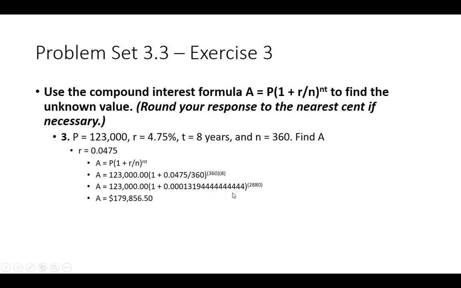The more accurate your answer is going to be. Add 1 to that. Keep it in the calculator. Raise it to the 2,880th power. Keep that in the calculator. Multiply by 123,000, and we get $179,856.50.